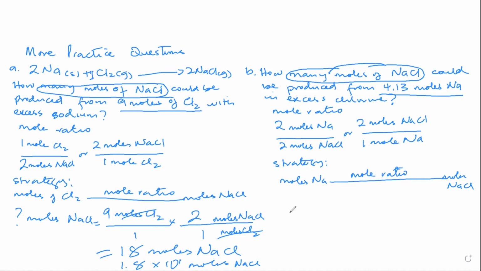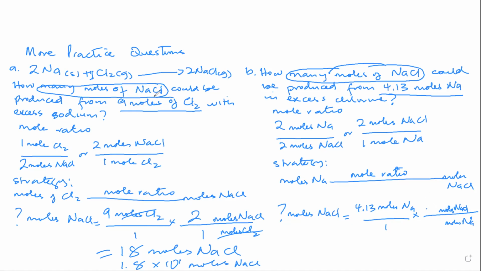So we are solving for moles of sodium chloride. That will be 4.13 moles of sodium over 1 times moles of sodium, moles of NaCl. The ratio is 2.